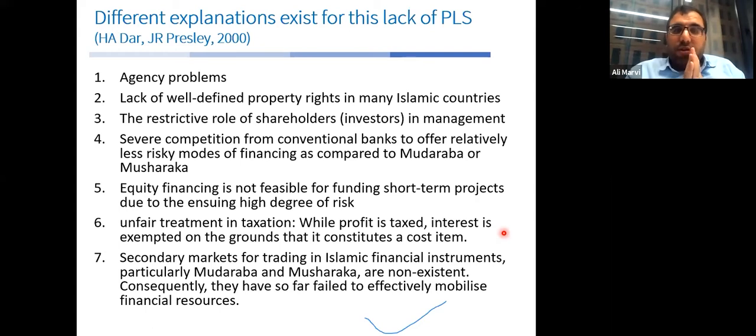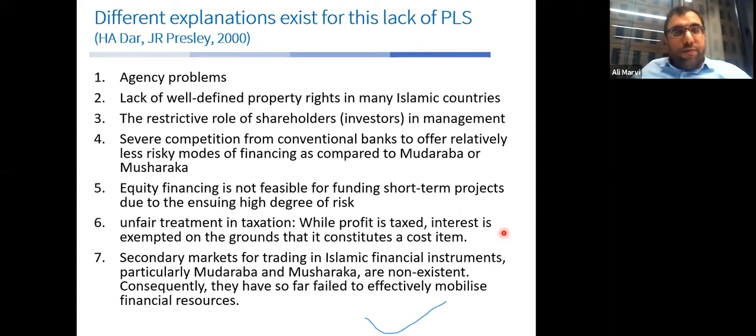So we have this kind of unfair treatment with these two types of contracts. I explained in the previous lecture that some people argue that interest is free of taxation in many countries, also many Western countries, but PLS contracts are actually penalized by taxation.